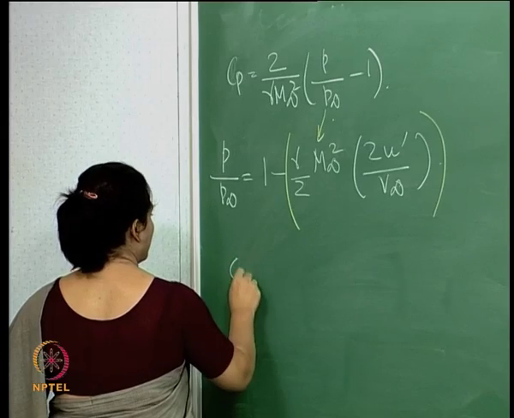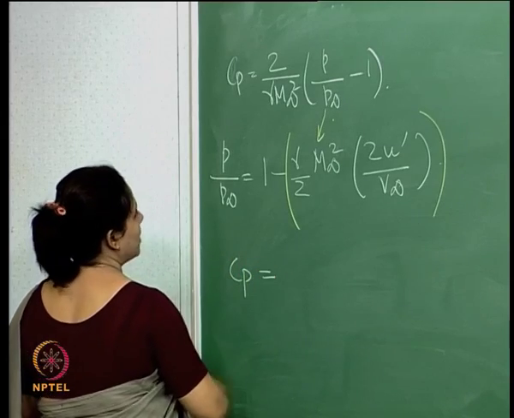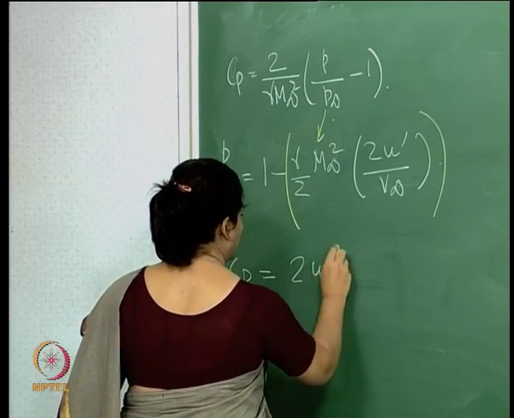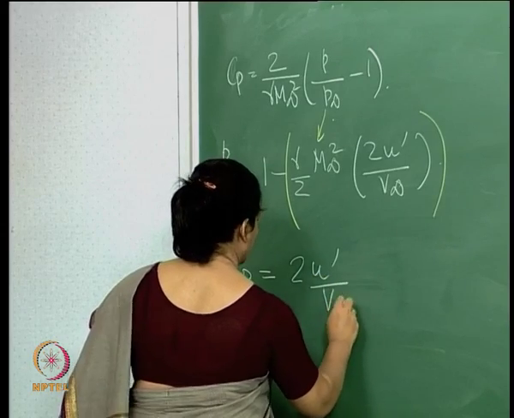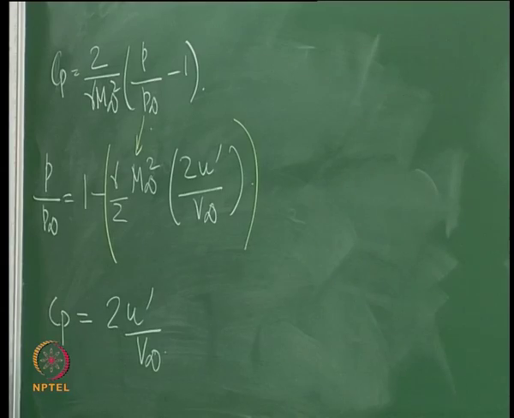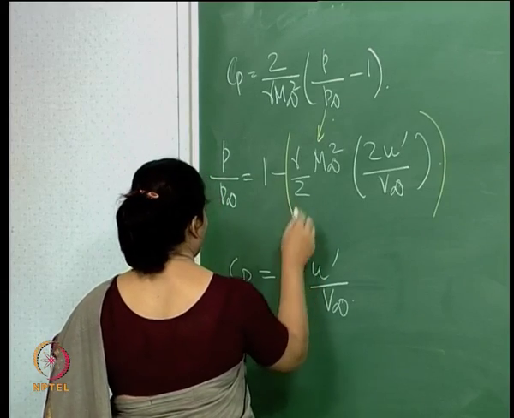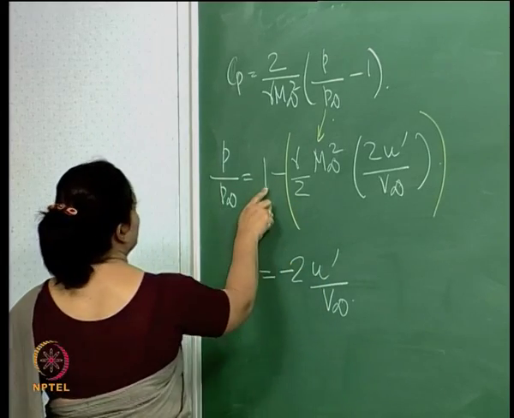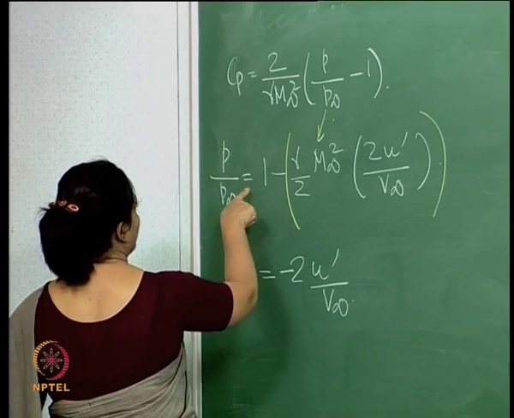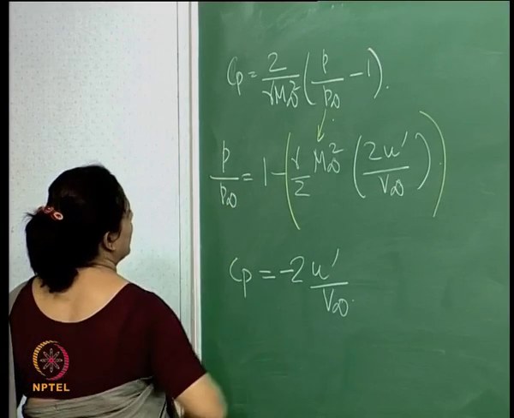So therefore, Cp is nothing but this, right. Yeah, we have a negative sign also, okay. So P by P infinity minus 1 is actually negative here.